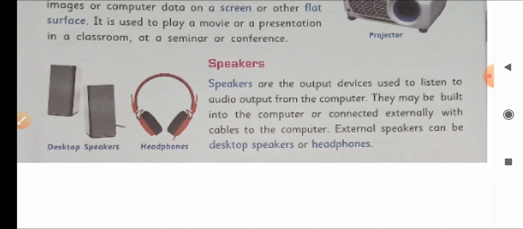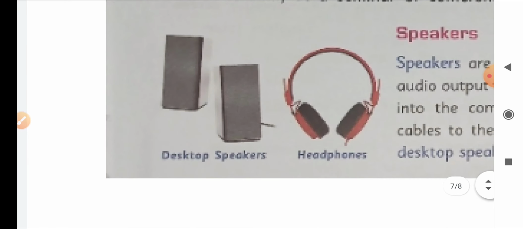There are also other types of desktop speakers. You can see this is a desktop speaker. These desktop speakers are connected with the computer externally, in the sense that with the cables you connect the speaker to hear whatever you want to hear as the output.